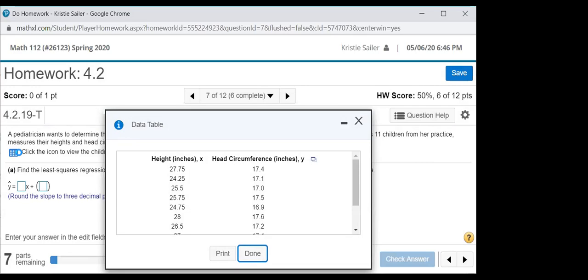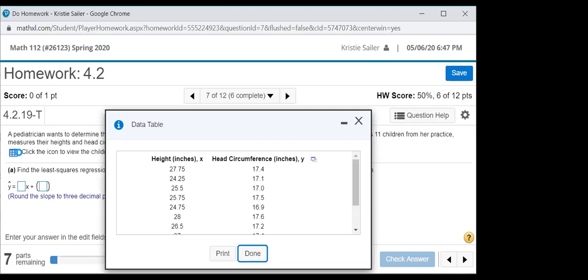Regression line, least squares line, line of best fit. All of those things mean the regression line, the straight line that approximates the best fit through your data points. So that's what you're doing here.